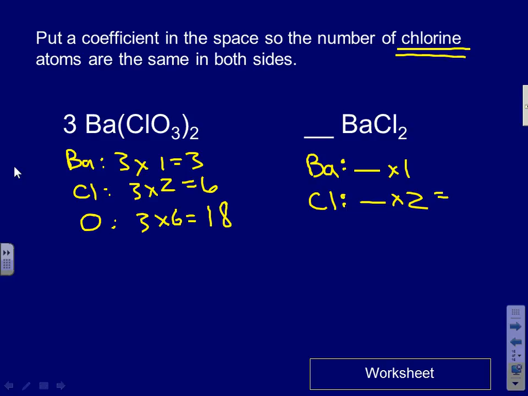So if I want the chlorine to be balanced, that has to equal 6, because they have to be the same. So what do I need as the coefficient? I need a 3. Now, as soon as I make that 3, notice it affects the barium as well, because it's stuck to it. And that means we also have 3 barium. So that works out well. That means the barium is also balanced there. Notice how they're the same.